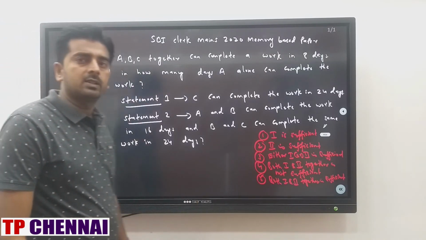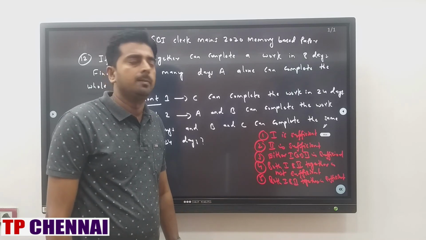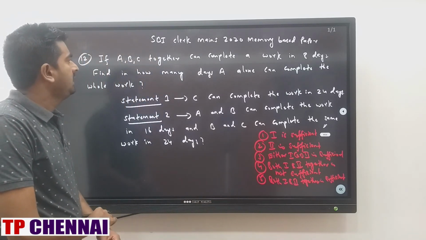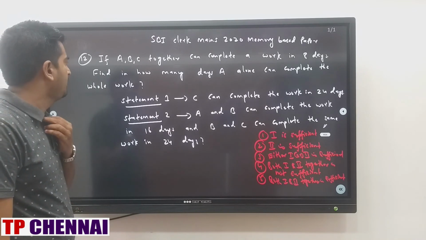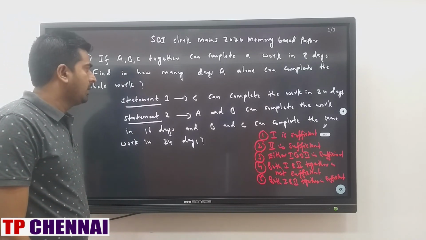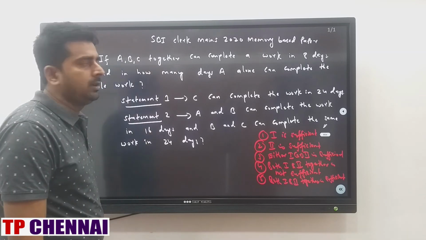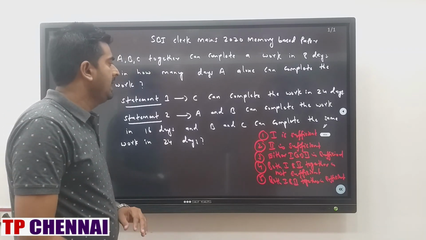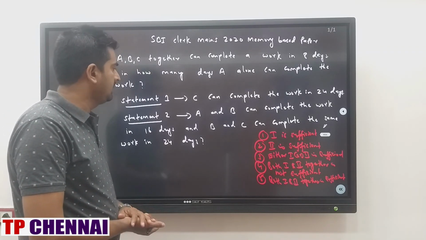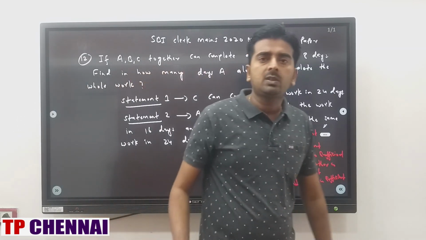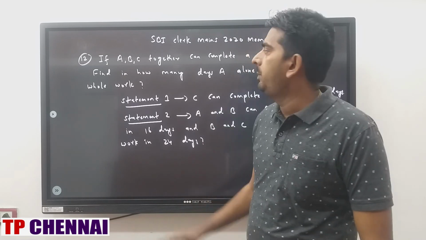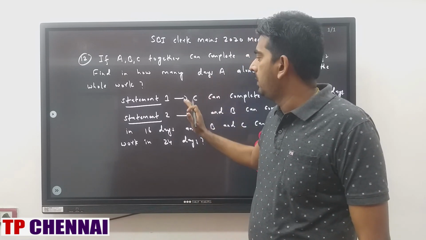So now we will see the next question, which is based upon data sufficiency. If A, B, C together can complete a work in 8 days, find in how many days A alone can complete the whole work. Statement 1, C can complete the work in 24 days. Statement 2, A and B can complete the work in 16 days and B and C can complete the same work in 24 days. First of all, what is the meaning of data sufficiency? You will have one question followed by two statements.